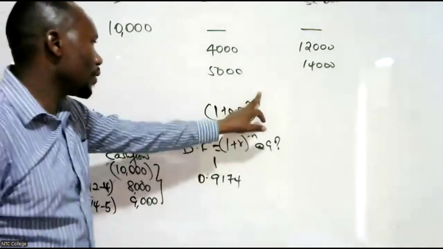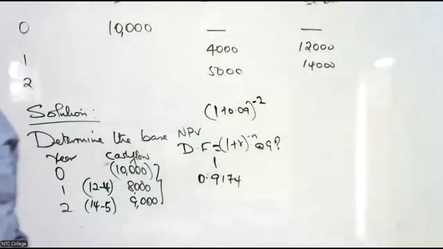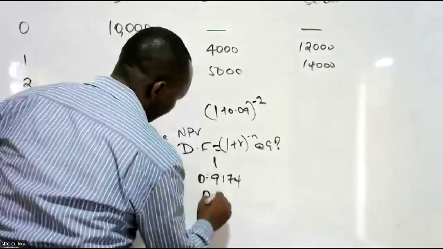Now change this to 2. What are you getting? 0.8417.